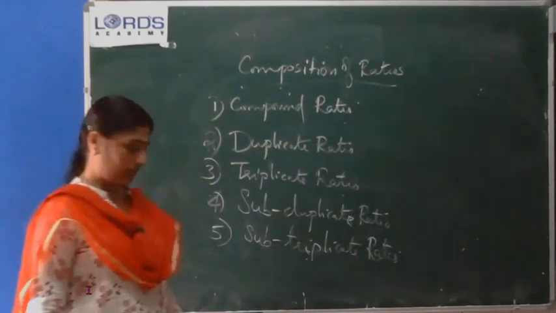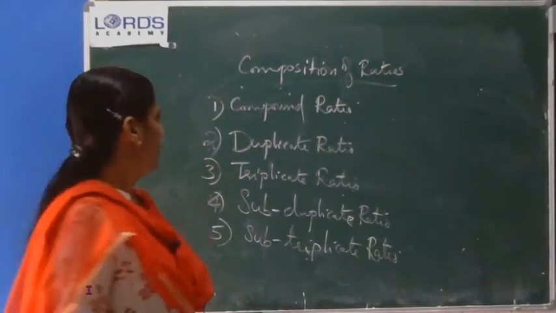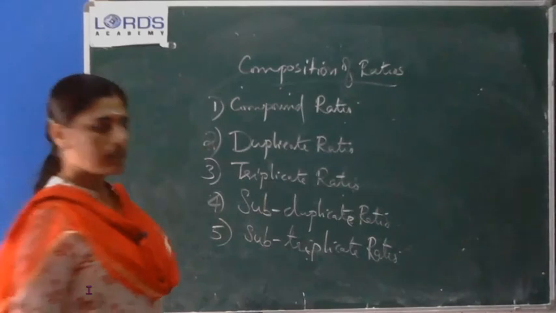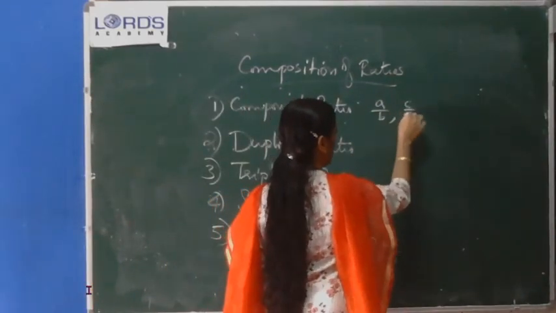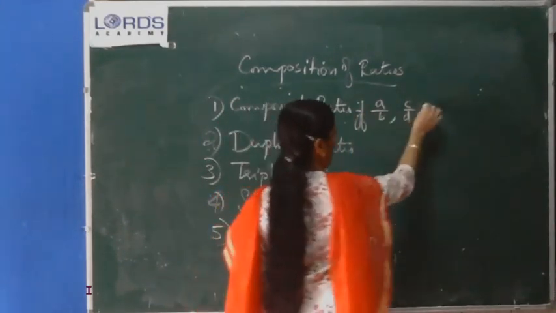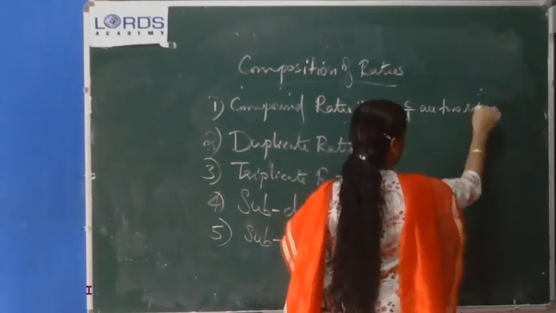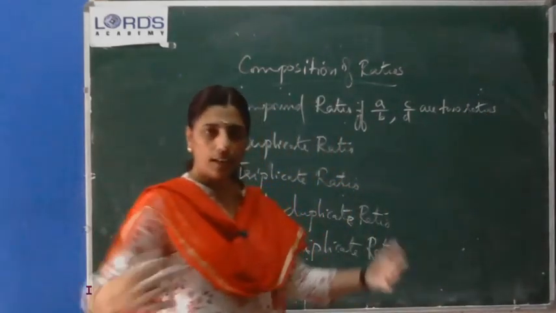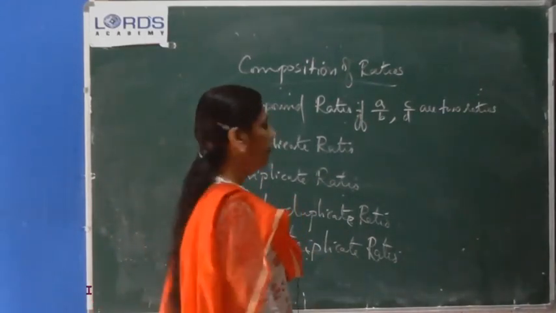Clear? I will explain what it means. Okay, are the names familiar to you now? Compound ratio means, suppose A by B and C by D are two ratios, their composition we will call the compound ratio.